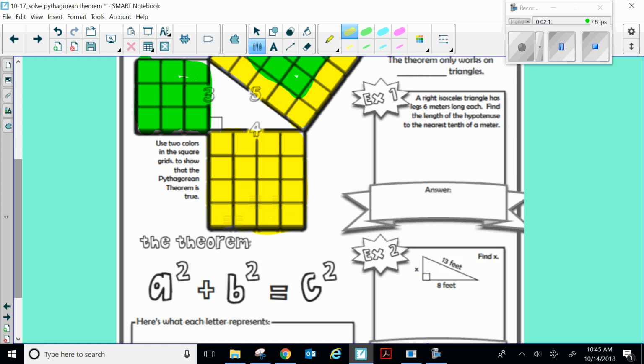So the theorem states that a squared plus b squared will equal c squared.